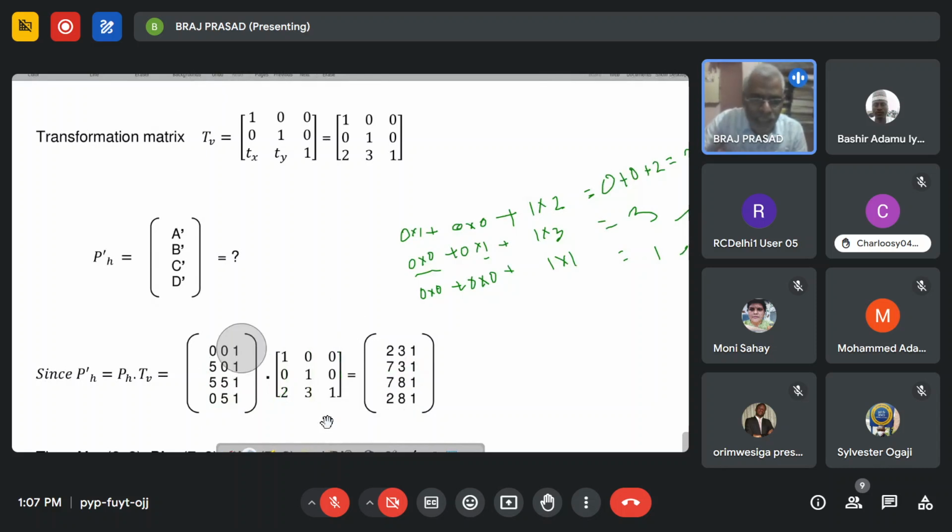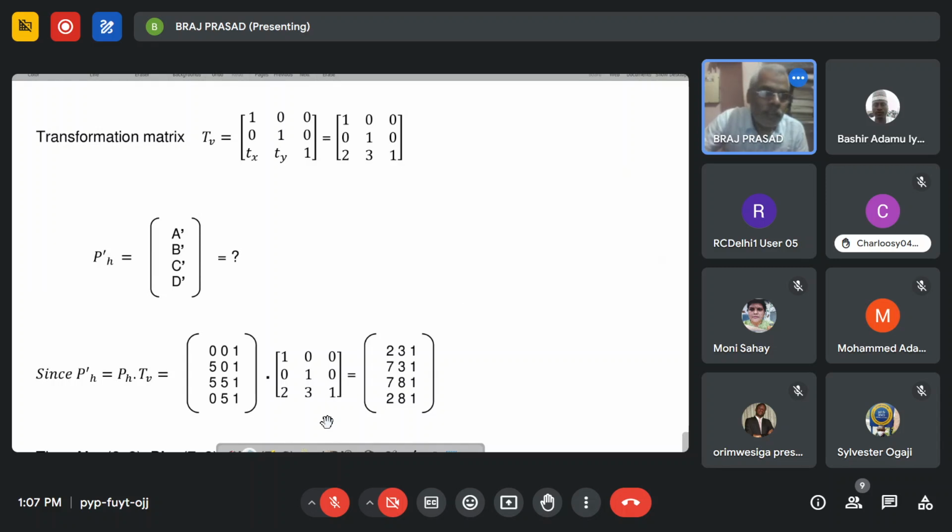This calculated value is the coordinate of the new object. This is in HCS form, the homogeneous coordinate system, and if we convert it into the Cartesian coordinate system, we have to remove this extra column.